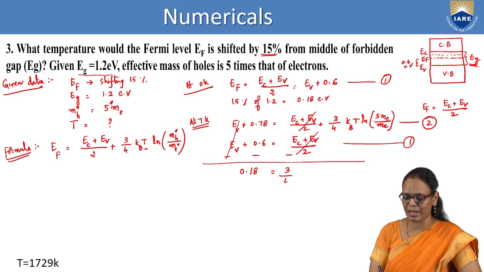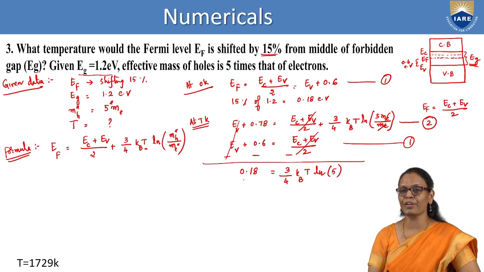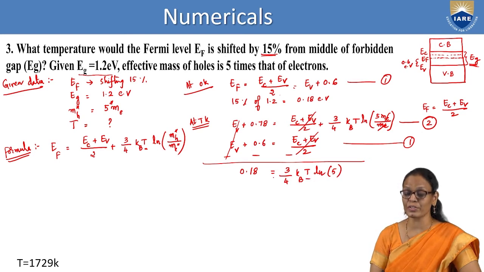This will be 3 by 4 kBT ln, where me and me cancel and you have 5. So 0.18 is equal to 3 by 4 kBT ln 5. We have to find T, so I'm going to rearrange the terms and write the formula for T.